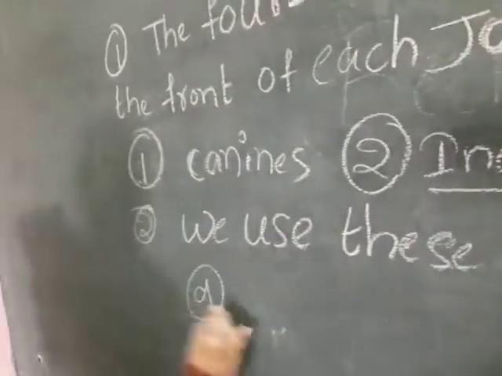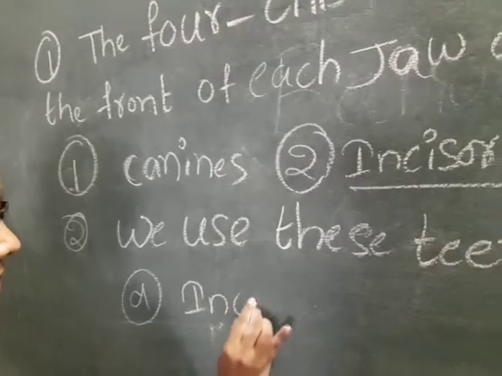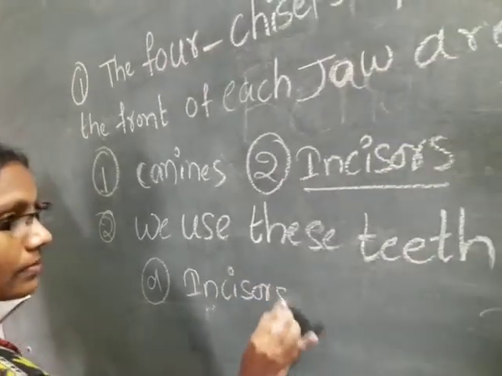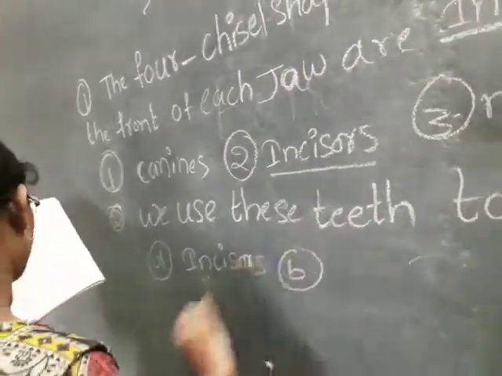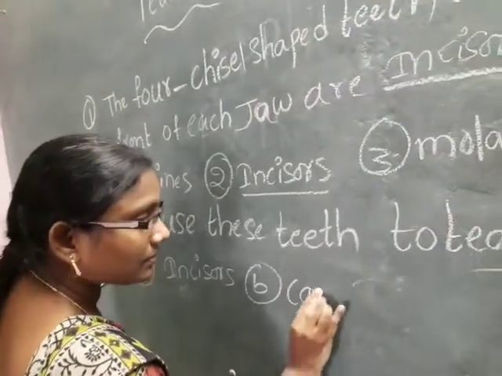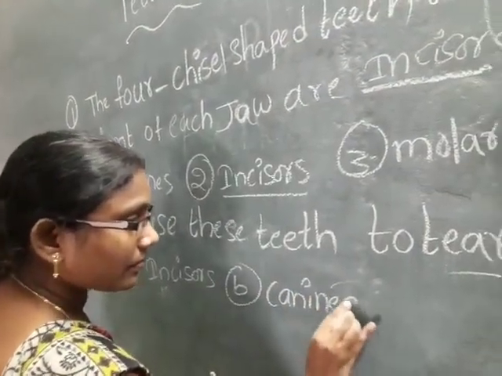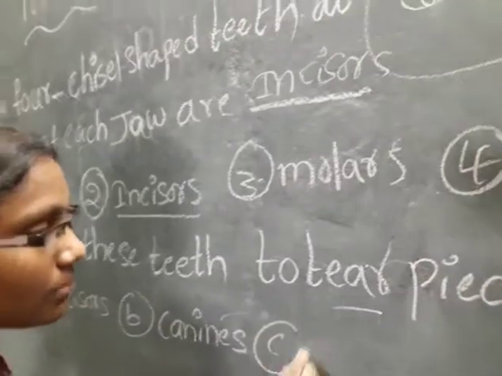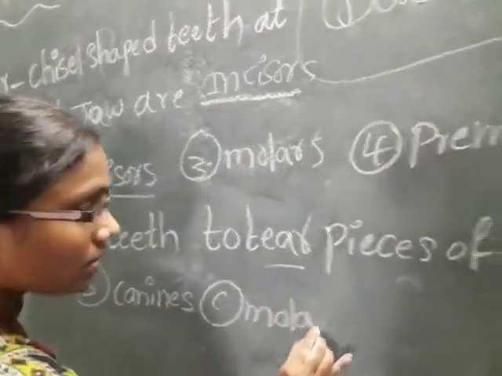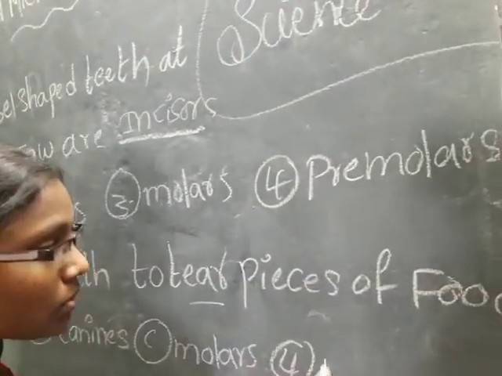Options: A, incisors; B, canines; C, molars; and fourth one, premolars.